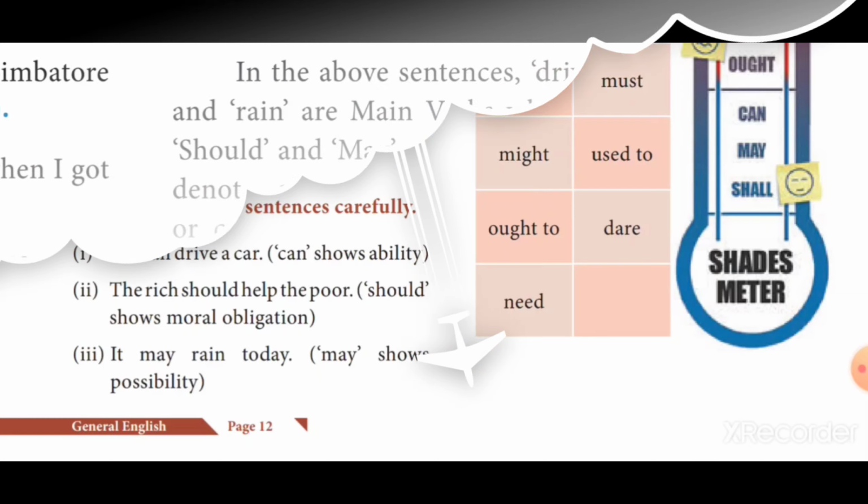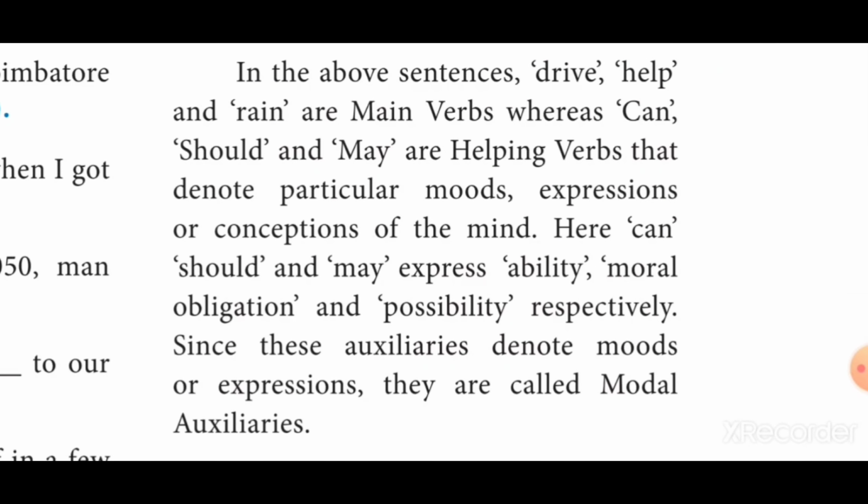Now we are moving on. Here we find a paragraph. Let's just go through it. In the sentences we have seen so far, the words drive, help and rain are main verbs, whereas can, should and may are helping verbs that denote particular moods, expressions or conceptions of the mind.